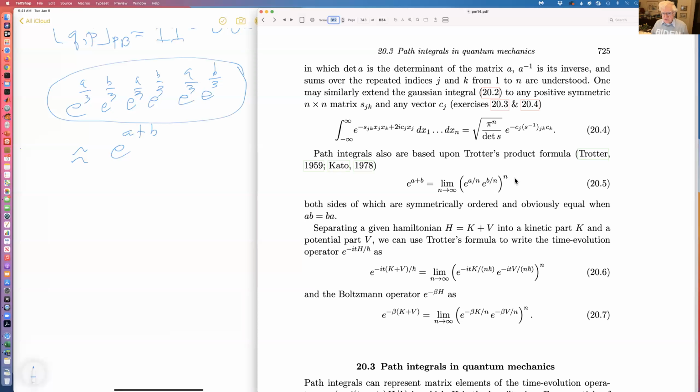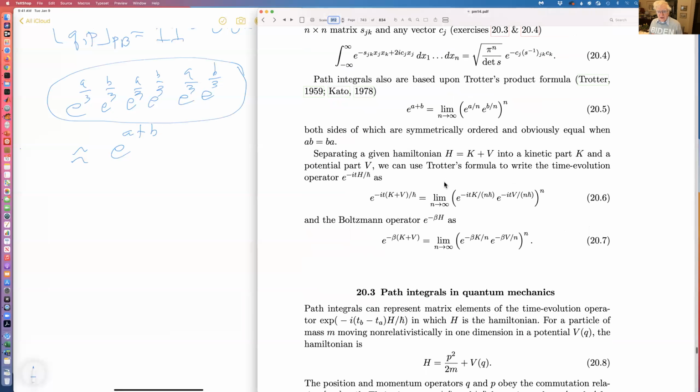And what Trotter did was to prove that as you take the limit n going to infinity, this becomes exact.